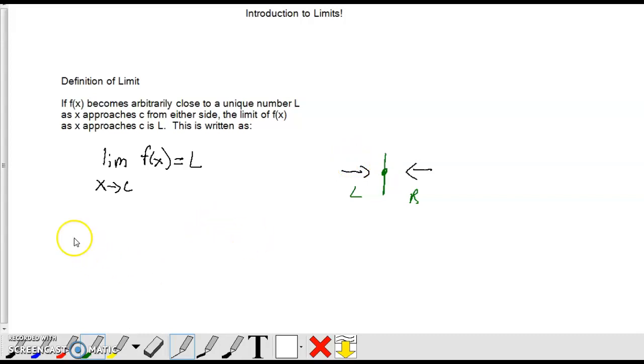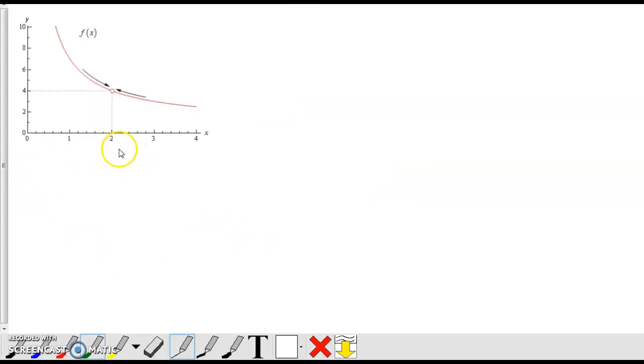So here's a picture of a graph that hopefully will help make it a little bit easier for you. What is happening is from one side of your graph, the right side, and then from your left side, I'm approaching a number. I'm approaching 2. So as x approaches 2, what do we notice is the output?